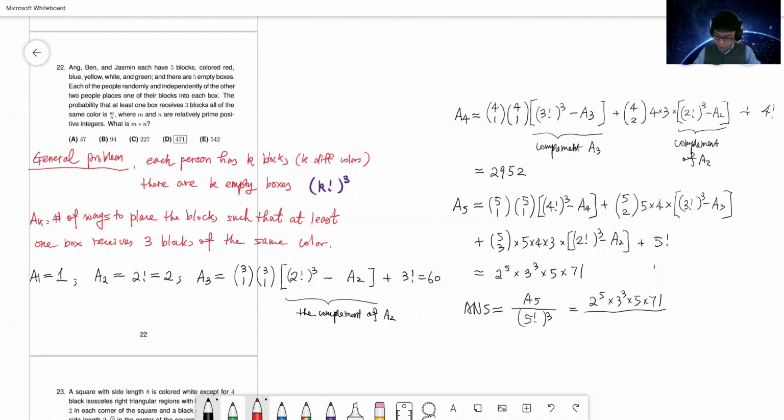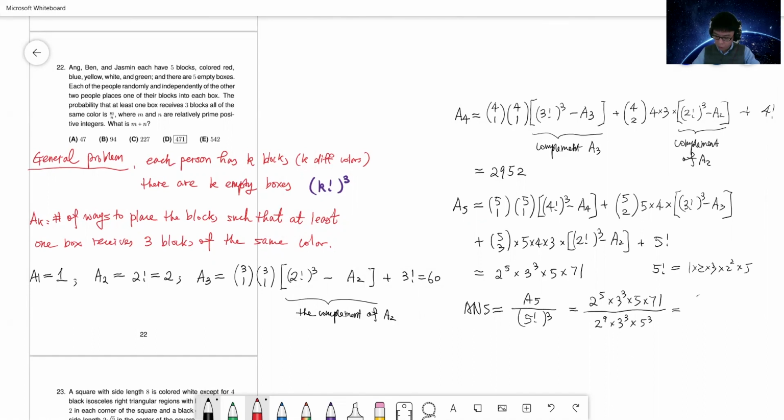And the 5 factorial equals 1 times 2 times 3 times 4 times 5. So we have 9 twos, 3 threes, and 3 fives.